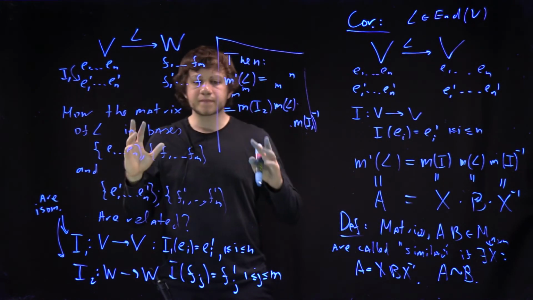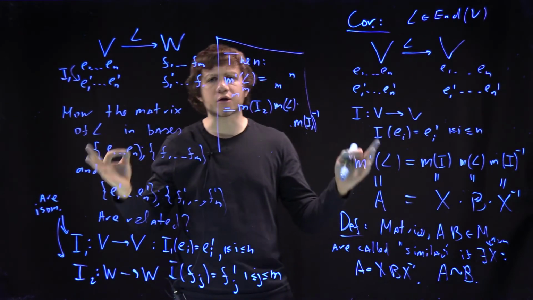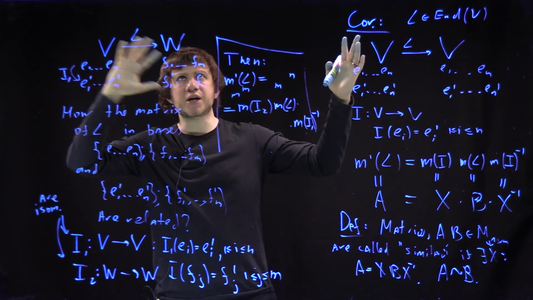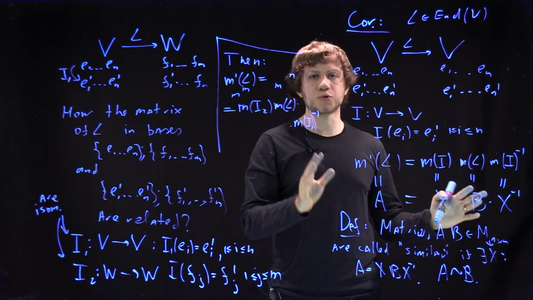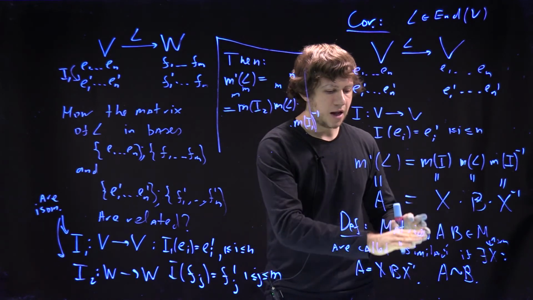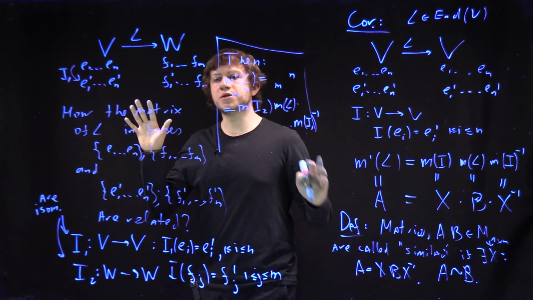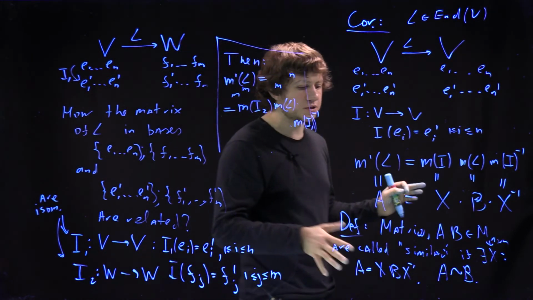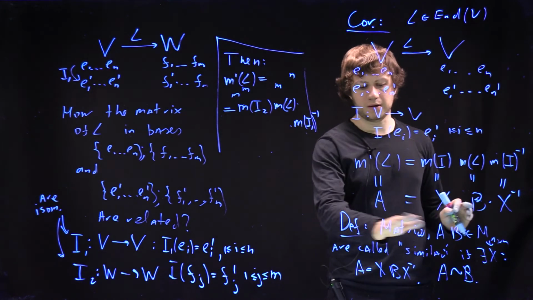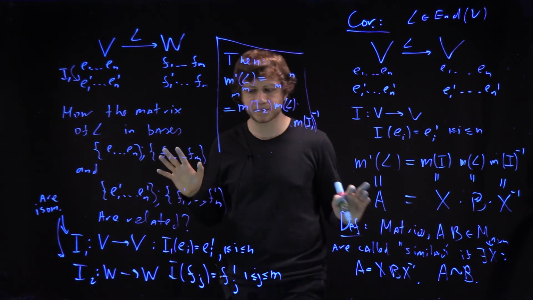So if there are some interesting properties of linear maps, like some geometric properties, like what they do, how they change sizes, or whatever, all these geometric properties should be the same if you take a matrix and similar matrix. Later on we will talk about determinant, we will talk about eigenvectors, eigenvalues, and all these things will be related to this similarity notion for matrices.